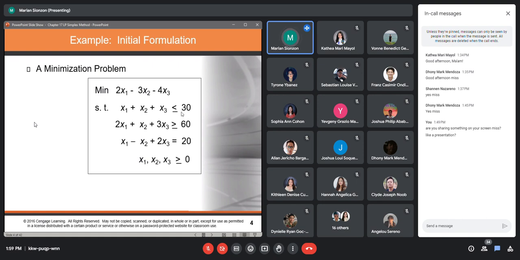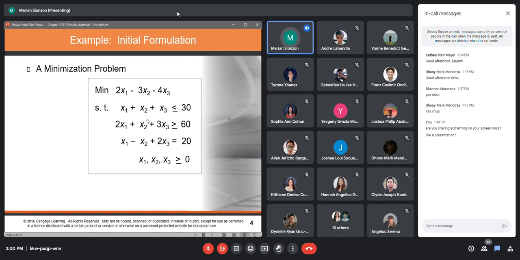You make them equal by adding something on the left side. So it will be x sub 1 plus x sub 2 plus x sub 3 plus s sub 1. I use the letter S because I'm talking about a slack variable.